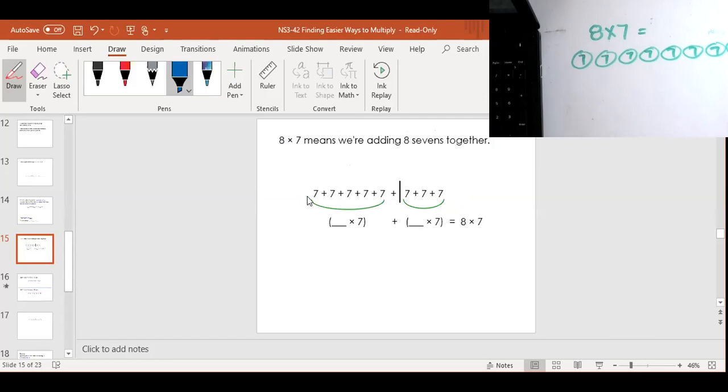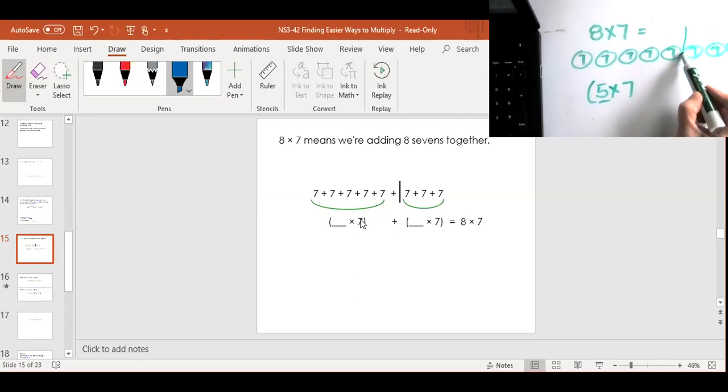Okay. All right. So let's see here. We got 1, 2, 3, 4, 5. So it's 5 groups of 7. So I'm putting a 5 there to show that. That's the part I answered. The line is like a plus sign. Put my other side of my bracket on. And then how many groups of 7 are here? 1, 2, 3. So 3 groups of 7.